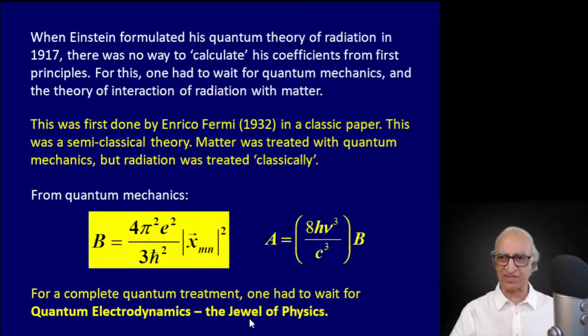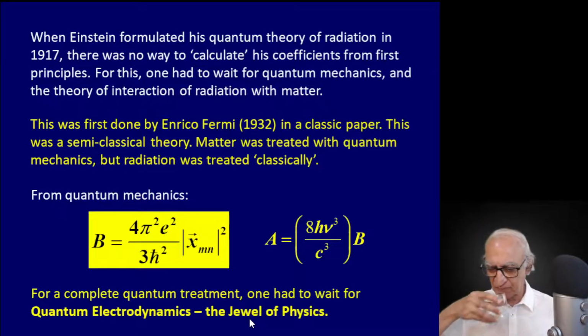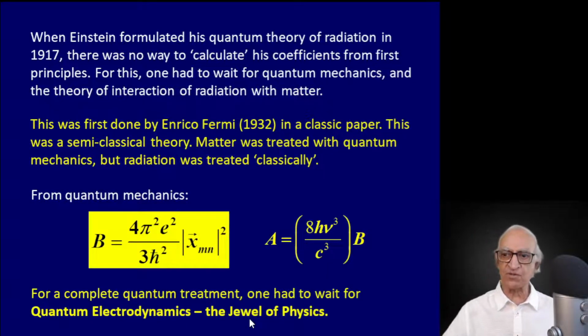But we won't digress into that. All I'm saying is now we have a full quantum theory of matter and radiation. So we can calculate from first principles the emission coefficient and absorption coefficient.